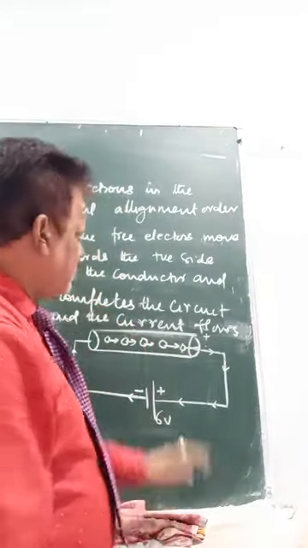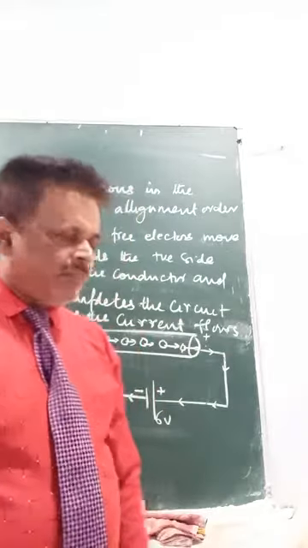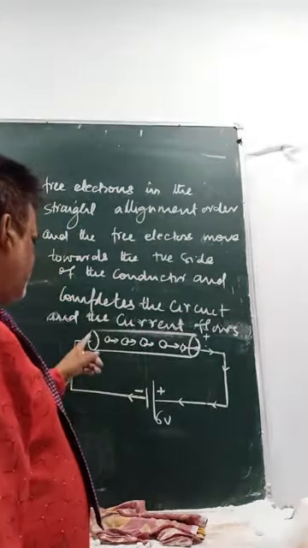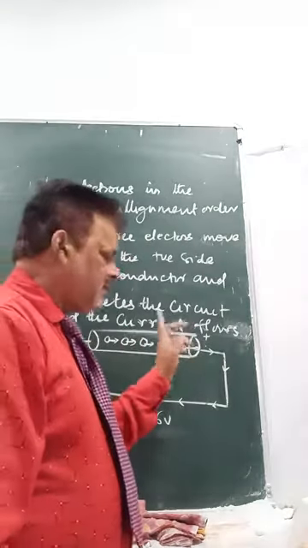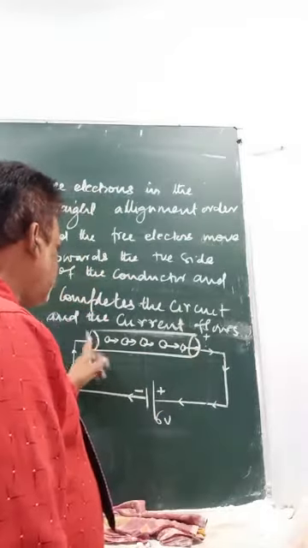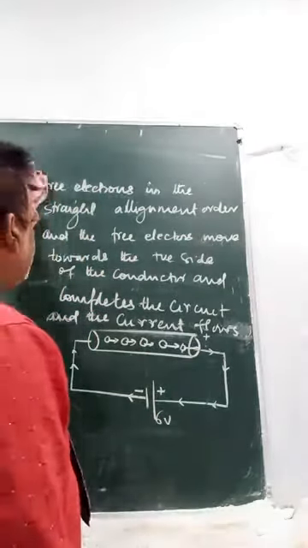Okay, now this is a question. Now the question was why the electrons move from negative terminal to positive terminal, but conventional current flows from positive terminal to negative terminal. Okay.